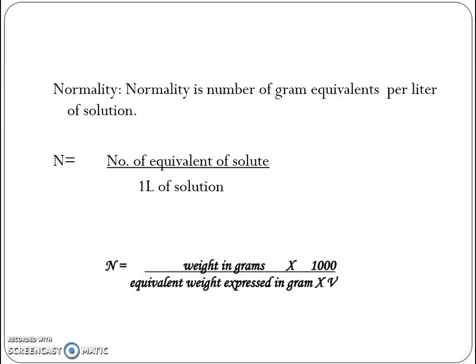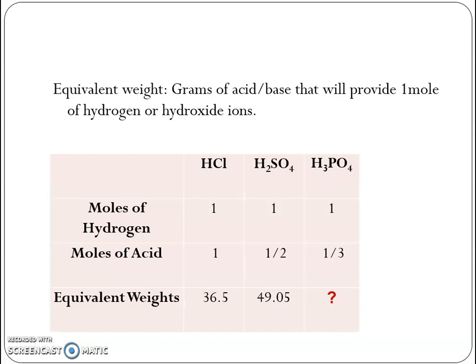So to understand normality, we first of all need to know equivalent weight. So let us see what is equivalent weight. It is the gram of acid or base that will provide 1 mole of hydrogen or hydroxide ions. Here you can see some acids like HCl, H2SO4, that is sulfuric acid, H3PO4, that is phosphoric acid.